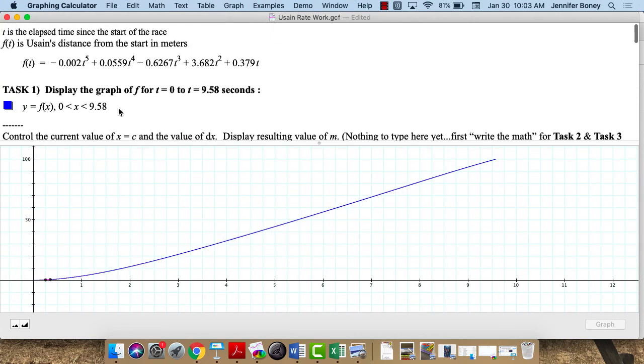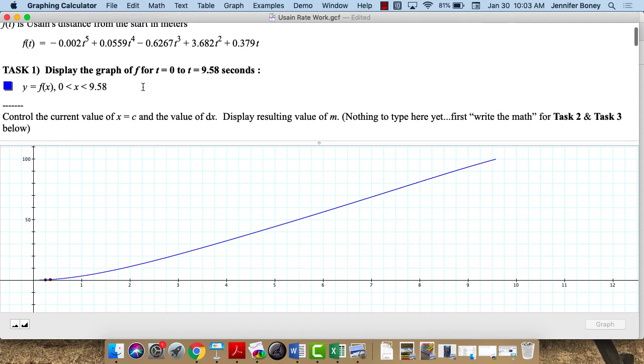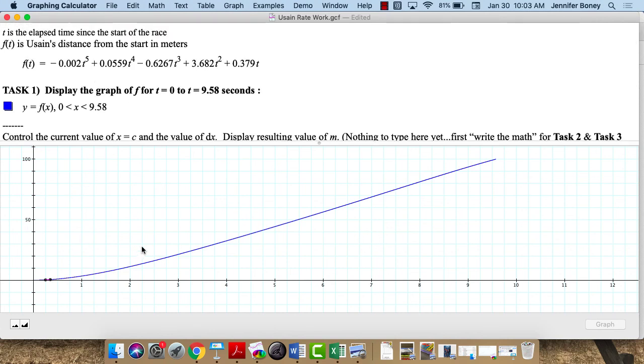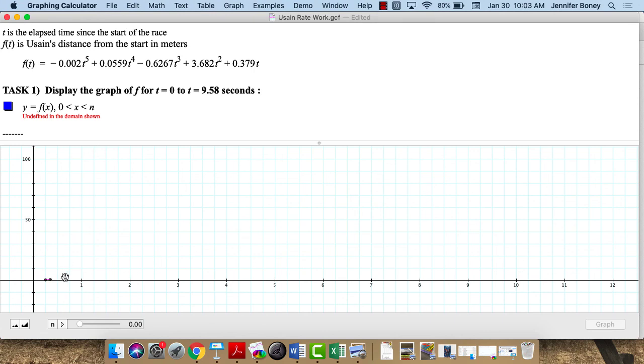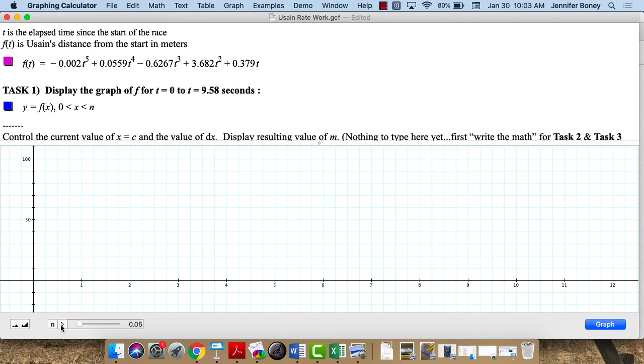If I wanted this to generate like a graph as time goes on, instead of worrying about changing over a moment, if I wanted to see what happens as time goes on to him running, we could change this to have a slider, either a slider that we create ourselves, or just in this row here, I'm going to let x go from 0 through n, and now I have my n slider down at the bottom, and I'm going to let n take on a highest value of 9.58. So now I can hit play.